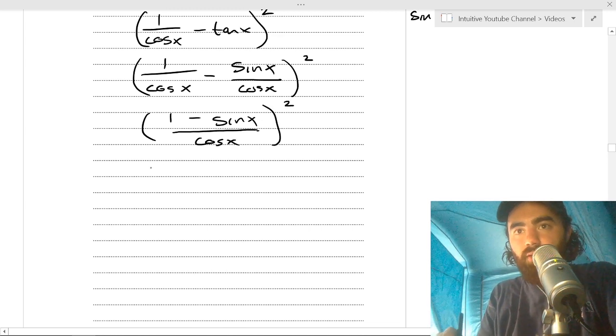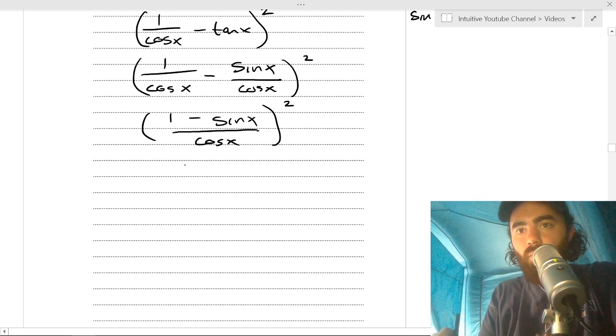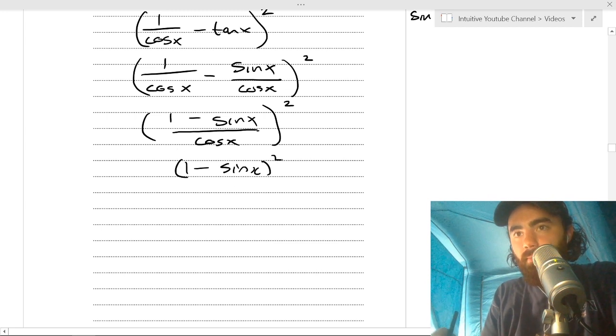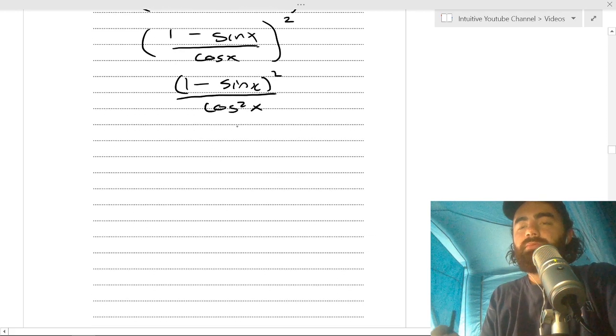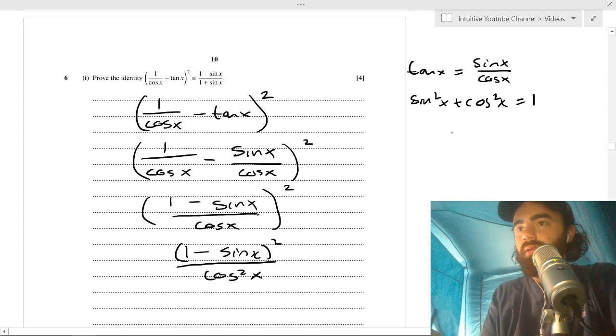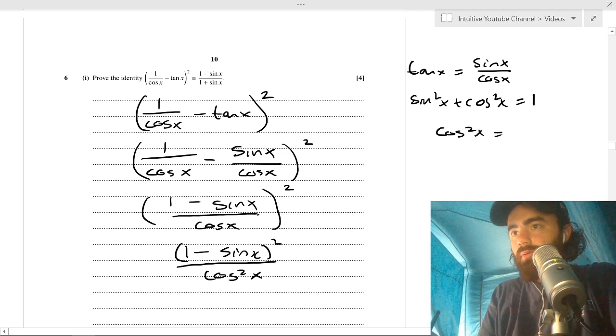Now if we actually square this, on the top we get 1 minus sine x all squared over cos squared x. And we know that cos squared x equals 1 minus sine squared x.